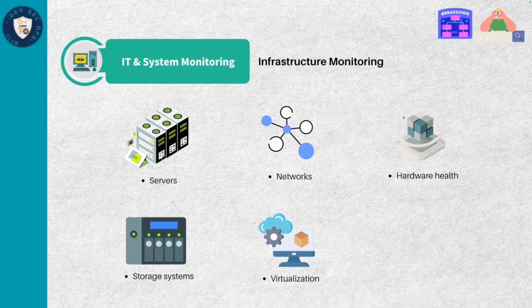But why is it important? Without proper infrastructure monitoring, IT systems can suffer from performance issues, unexpected failures, and costly downtime. By proactively managing these areas, organizations prevent disruption, optimize efficiency, and ensure business continuity.